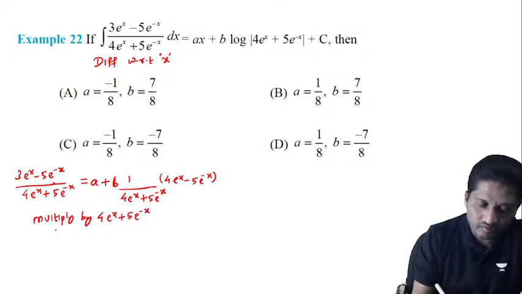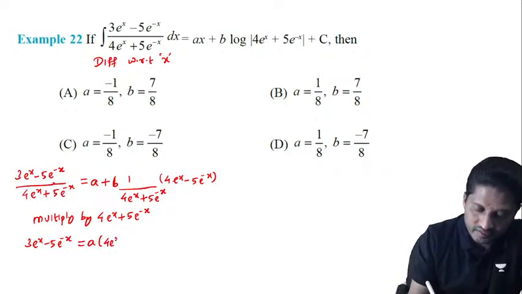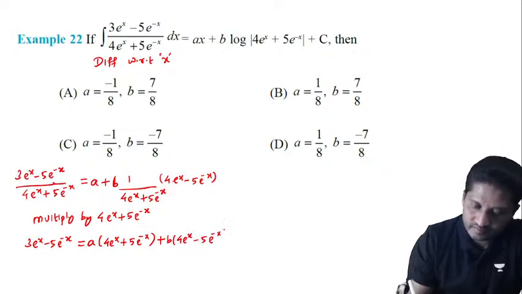If I multiply throughout, you will get 3 e power x minus 5 e power minus x is equal to a into bracket 4 e power x plus 5 e power minus x plus b into 4 e power x minus 5 e power minus x.